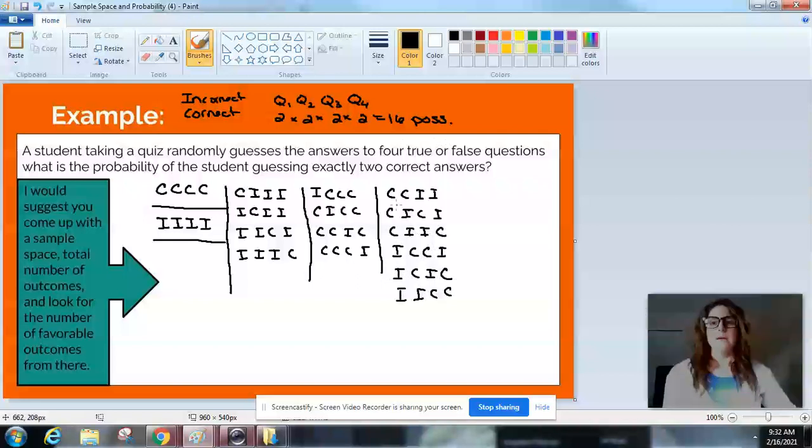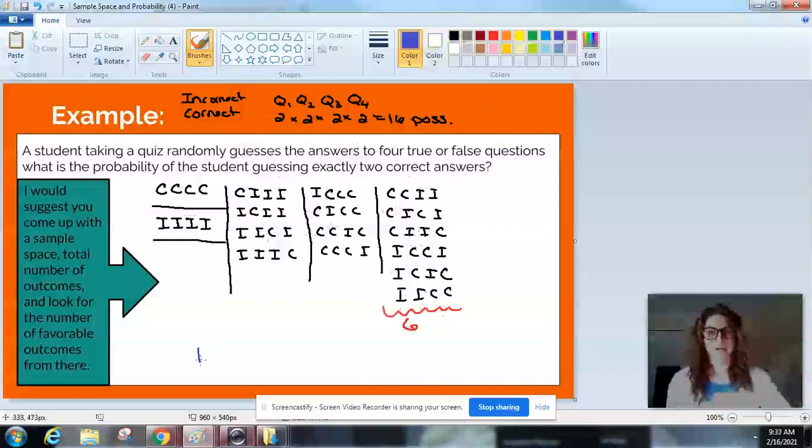So the question is, what is the probability of the student guessing exactly 2 correct answers? Well, that falls under this category. This was my all correct or all wrong, 1 correct, 1 wrong, 2, right? So from here, I know there's 6 of those, and it's 6 out of the 16.